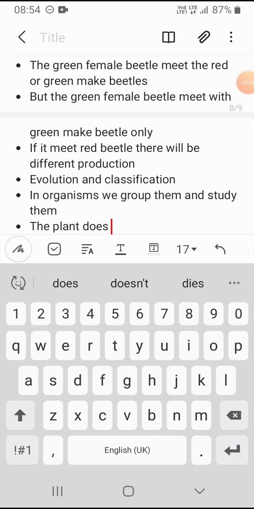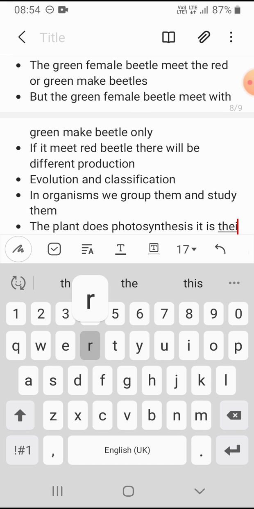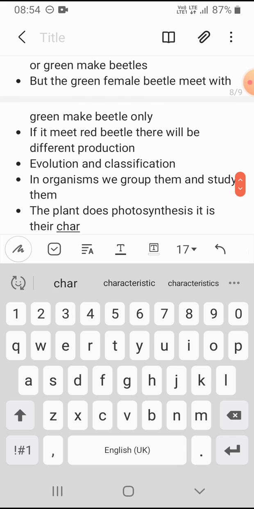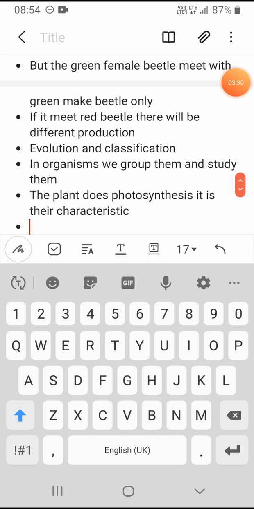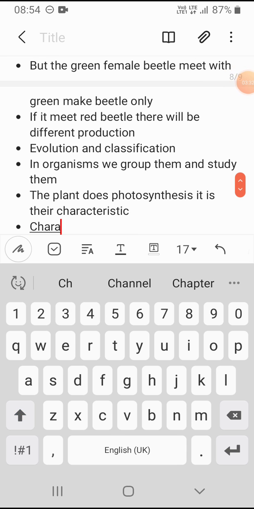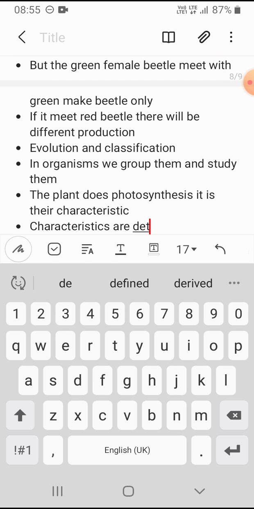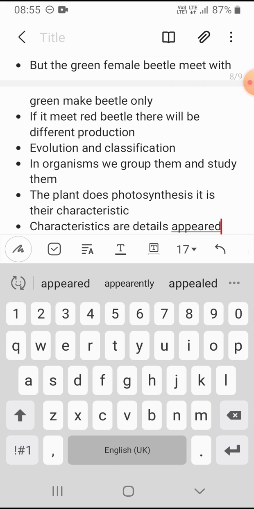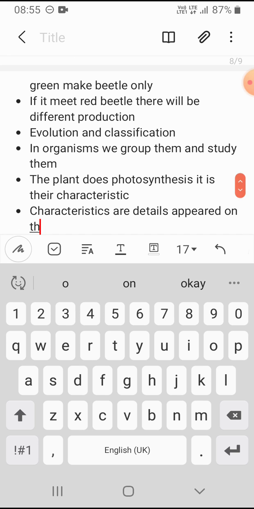It is their characteristic. Characteristics or details appear in their behavior. The details we get.